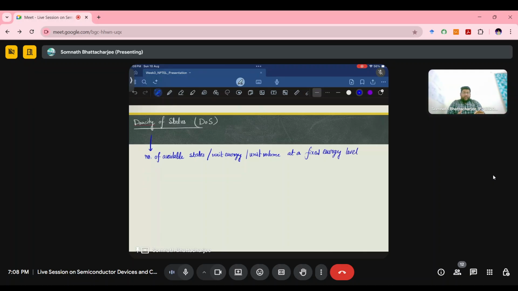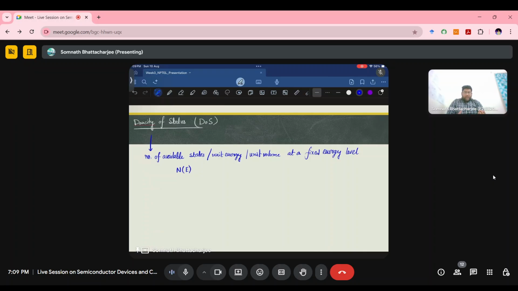So this is the basic definition of density of states. Density of states is exactly the density of available states, that is, the number of available states per unit energy per unit volume, at a fixed energy level.